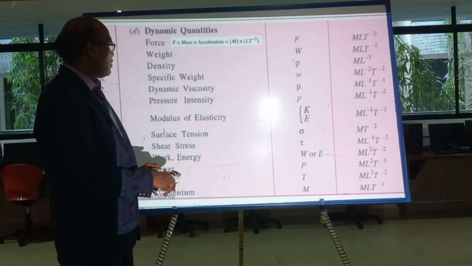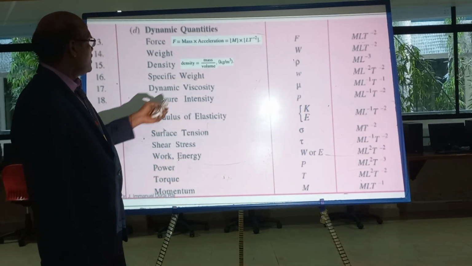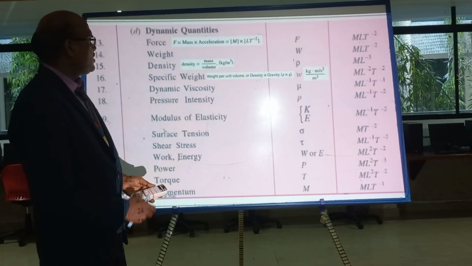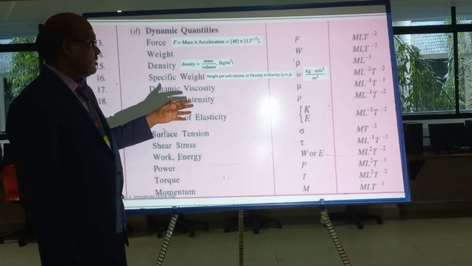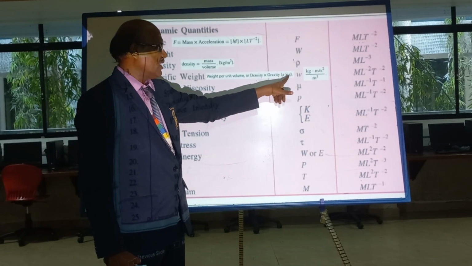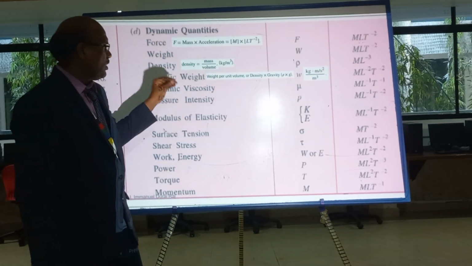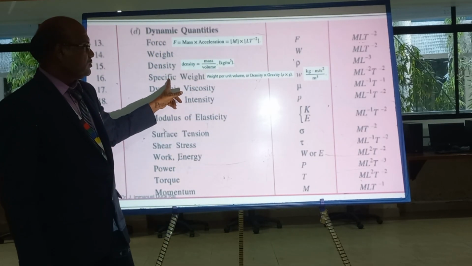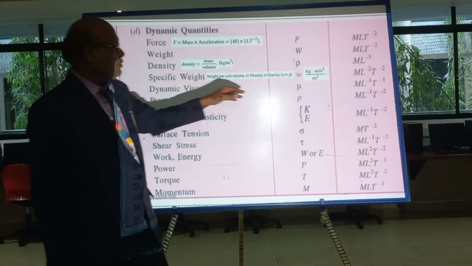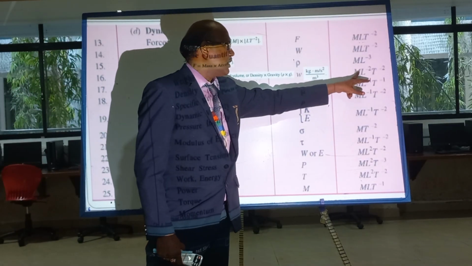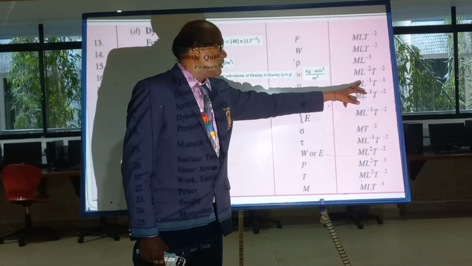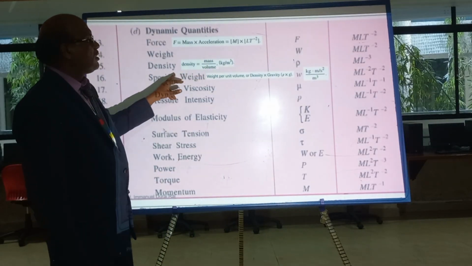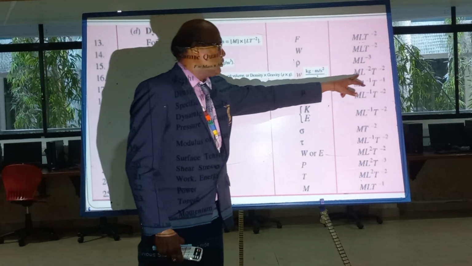Similarly, specific weight. Specific weight is density into g, that is rho into g. You multiply the density value into the g value, and you get specific weight. So you multiply this value by meter per second square, and you get M L power minus 2 T power minus 2.